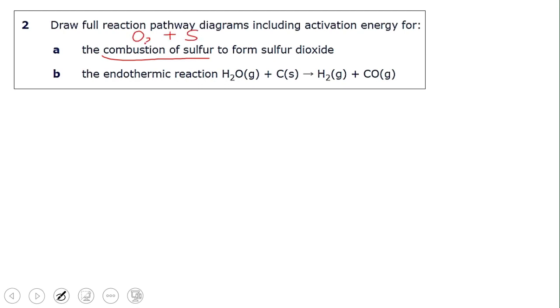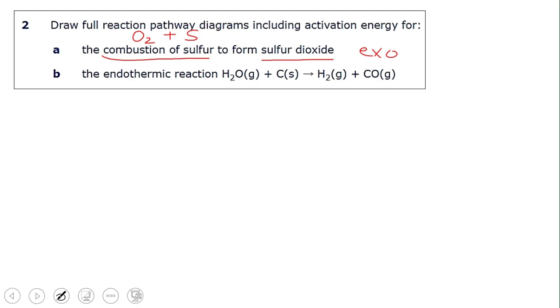In combustion, it has oxygen as the other reactant. These two react, producing sulfur dioxide at the end as the product. And as we discussed already, combustion reactions are always exothermic reactions. So here we are going to produce the energy pathway diagram for an exothermic reaction.